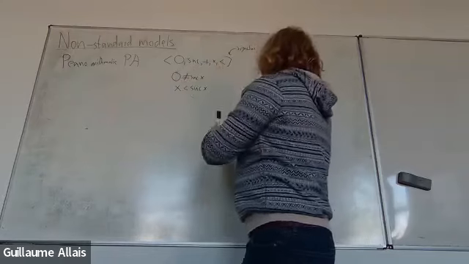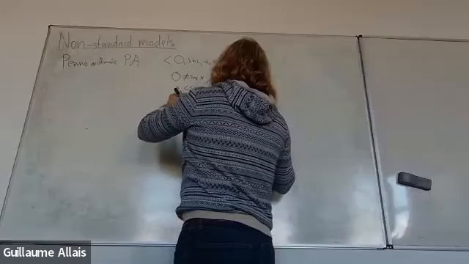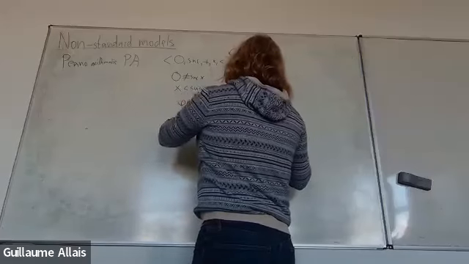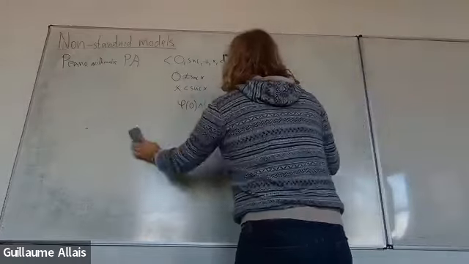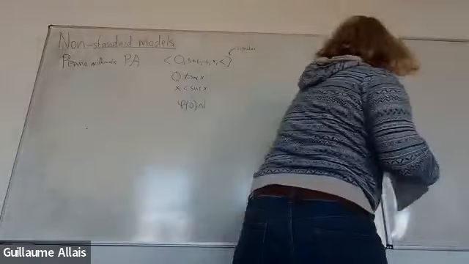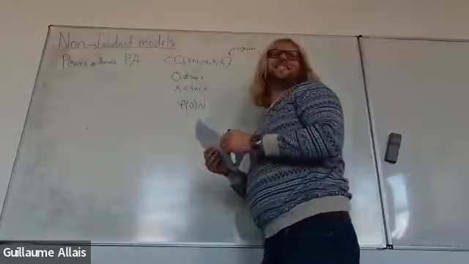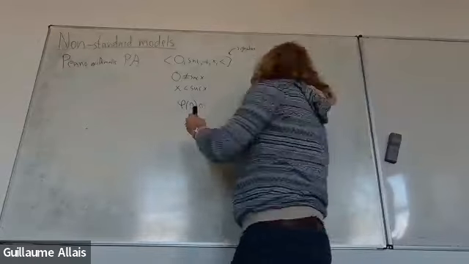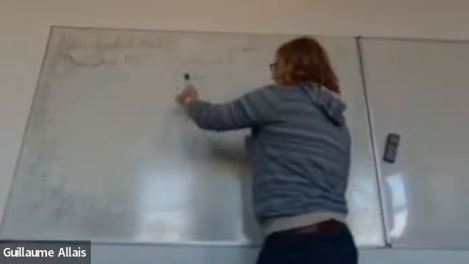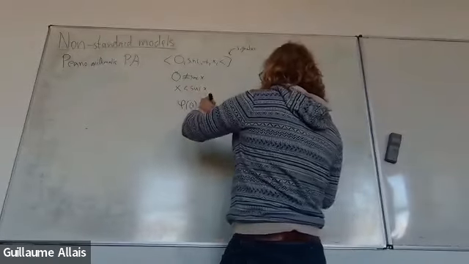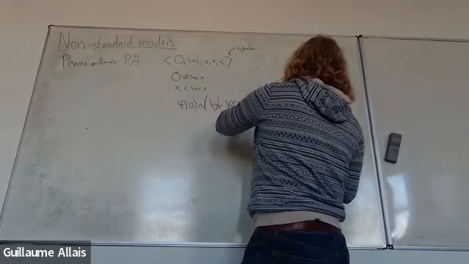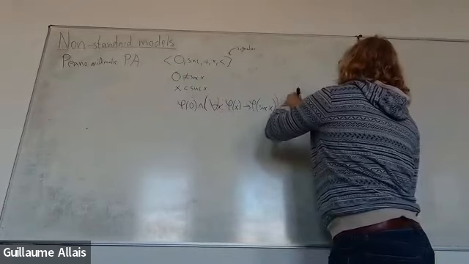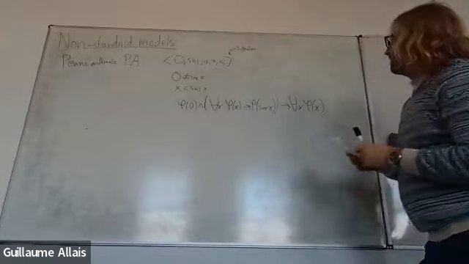And then the important axiom is the induction axiom, which says that if you can prove phi of 0, and you can prove, for all x, phi of x implies phi of successor of x, then I know for all x, phi of x.